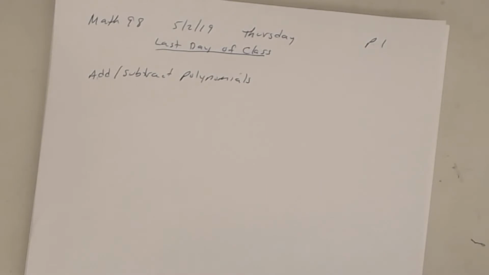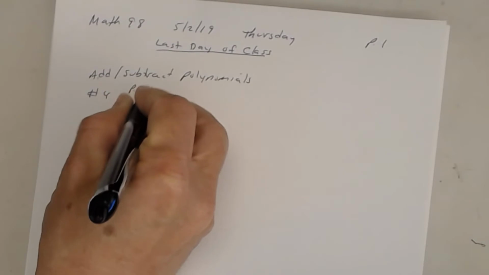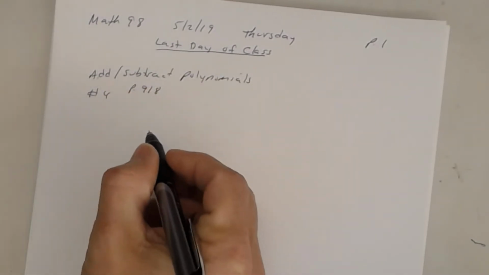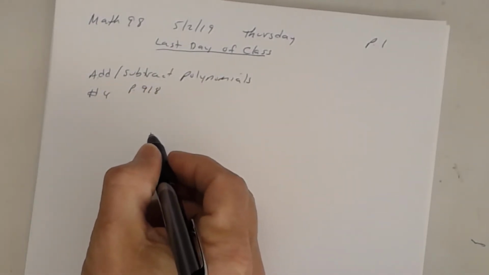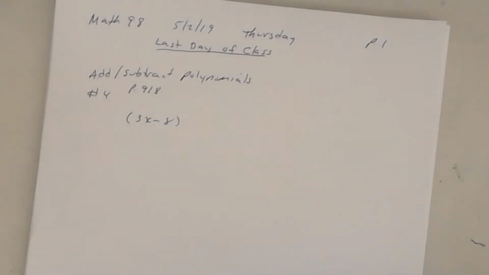So this is going to be number 4, and that's on page 918. All right, it looks like this. You have this polynomial, 3x minus 8. Usually when you're adding or subtracting polynomials, they'll put the polynomials in parentheses.